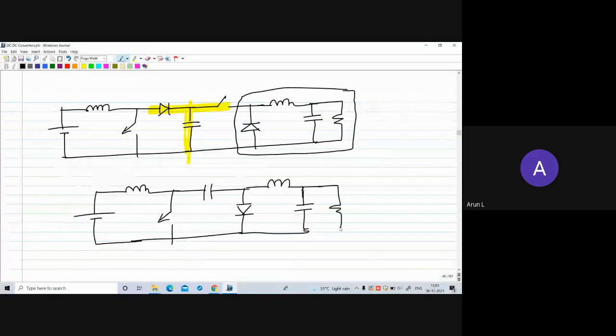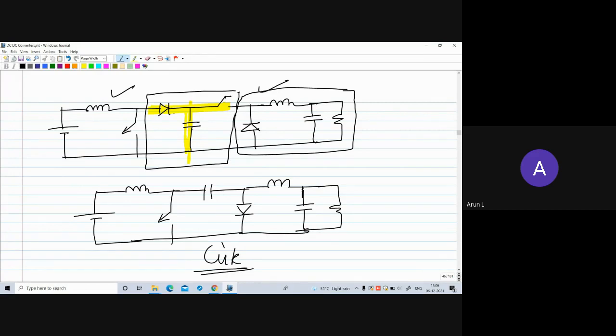So you will get the Cuk converter. So this is the Cuk converter topology. So first you draw a boost converter, then a buck converter, and eliminate this combination of diode, capacitance and switch by a simple coupling capacitor and flip the diode. Just flip the diode. Then we will get the Cuk.